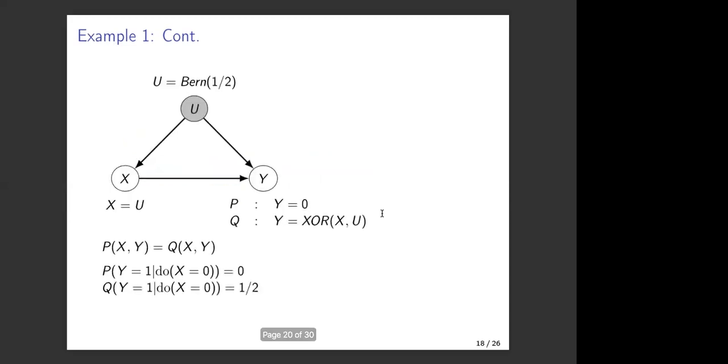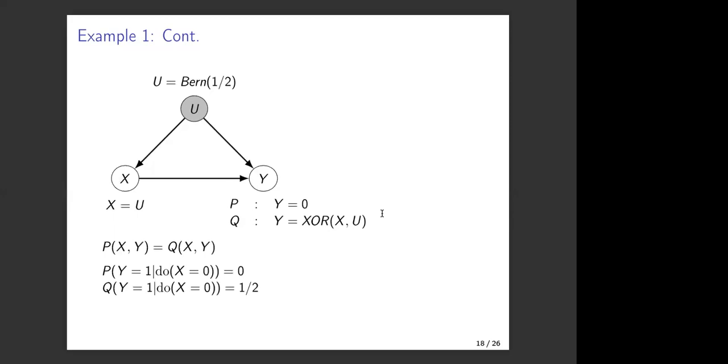Okay, so here is an example where there are two distributions P and Q for which P(x,y) and Q(x,y) are the same, but when I intervene on X and set it to 0, they are different. In this example, you can take U to be Bernoulli half.